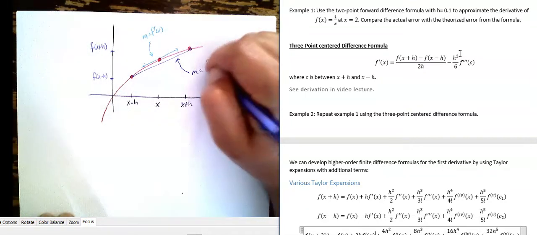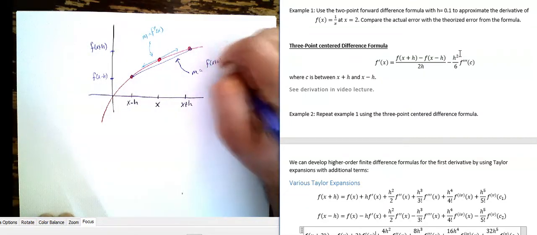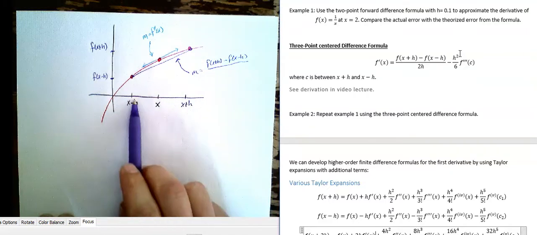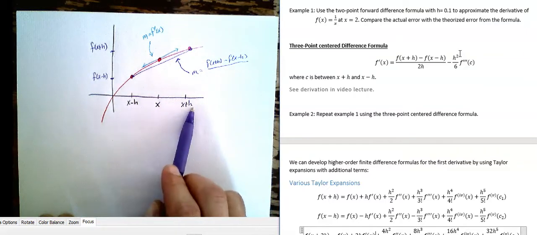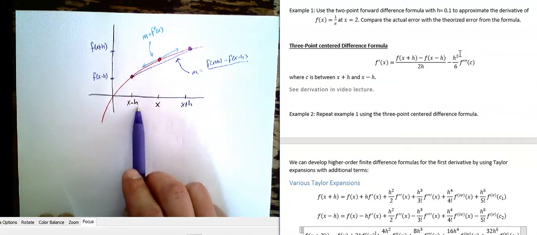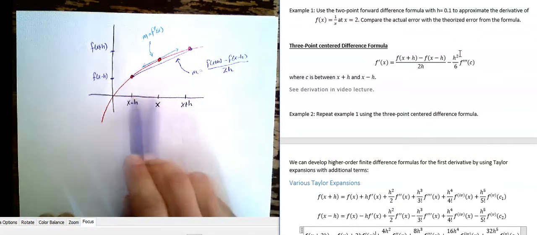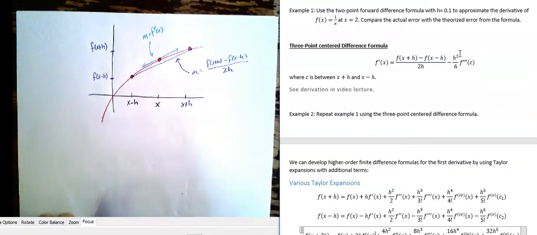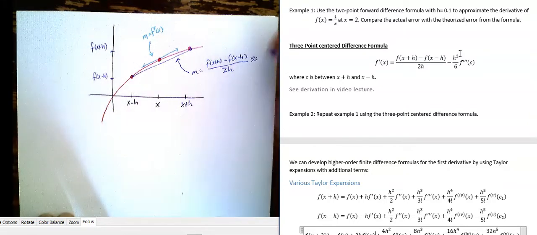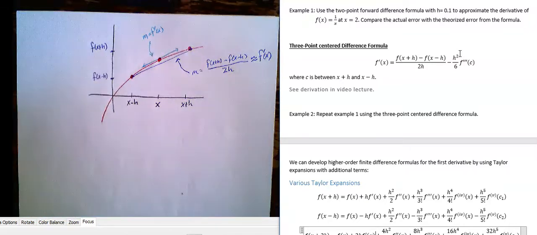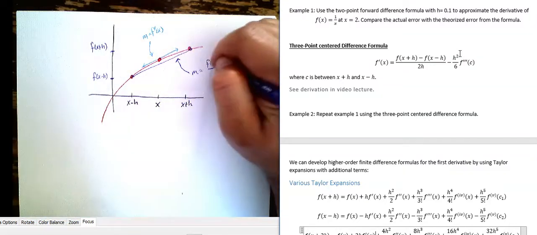So y2 minus y1, f of x plus h minus f of x minus h over this distance here, x plus h minus x minus h. That gives us 2h, right? That's an h there, that's h there, 2h. And this will be approximately equal to f prime at x. That's x there.